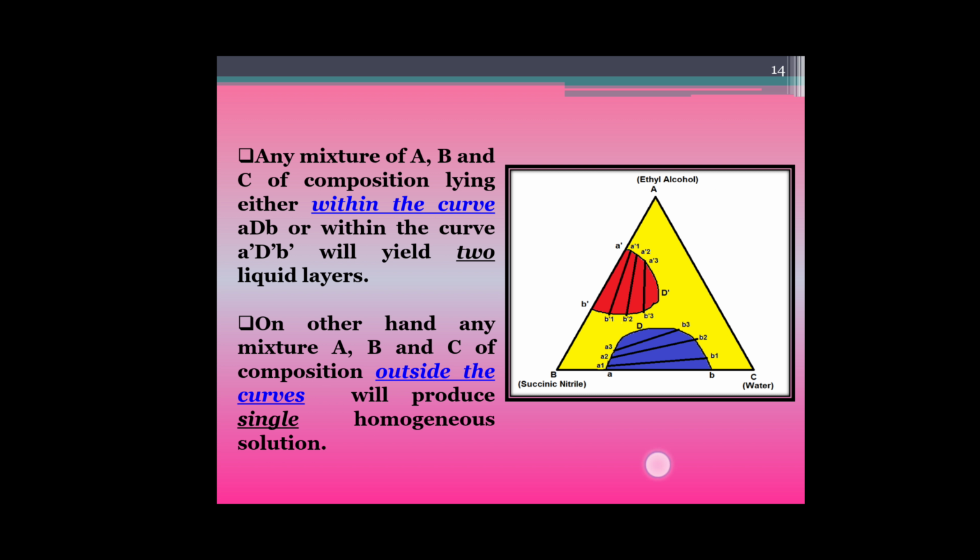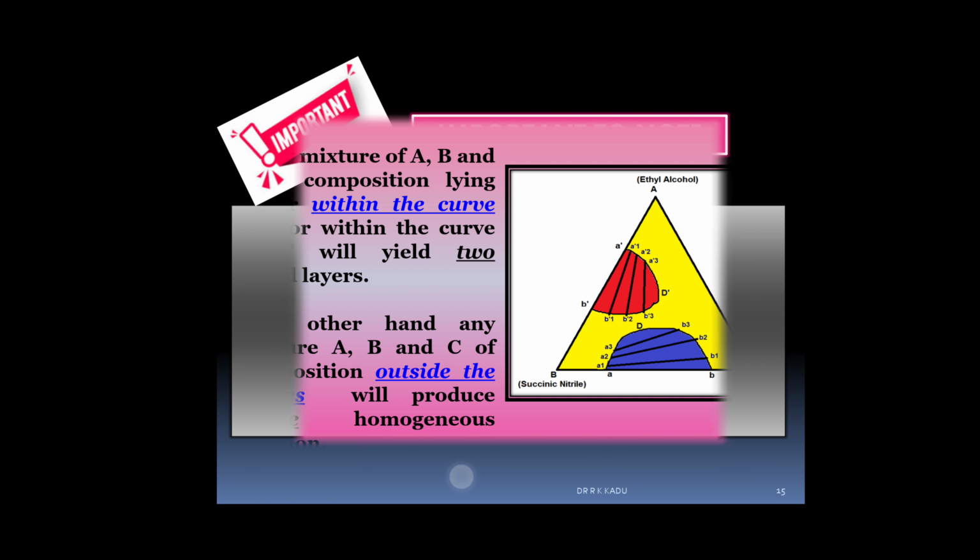So in short, the area under the curve shows two liquid layers and the area outside the curve is for a single liquid layer. In such a way we discussed the phase diagram of the ethyl alcohol, succinic nitrile and water system with its binodal curves and the plait points. So here the discussion about this module ends.